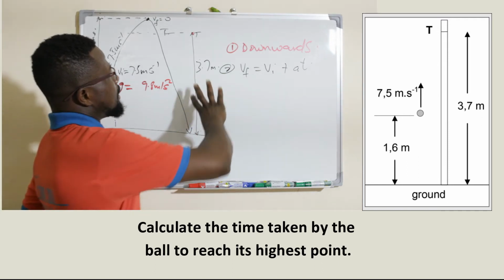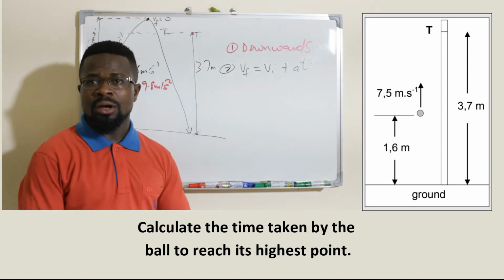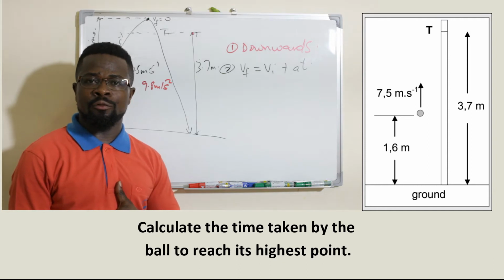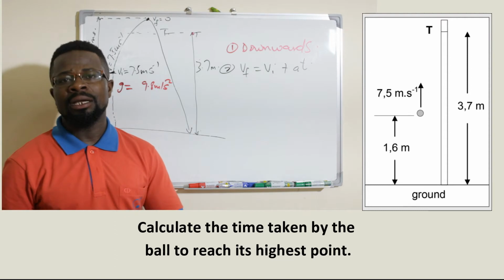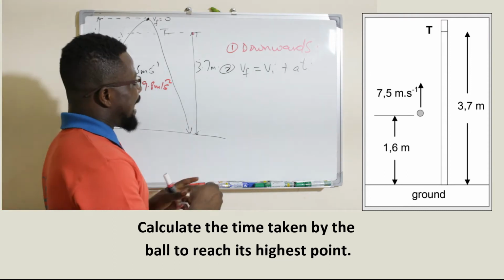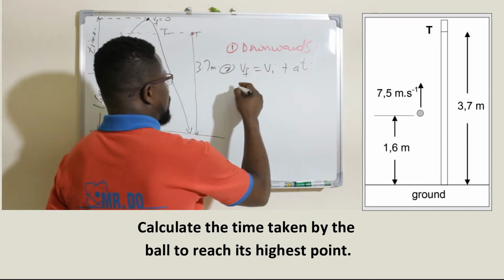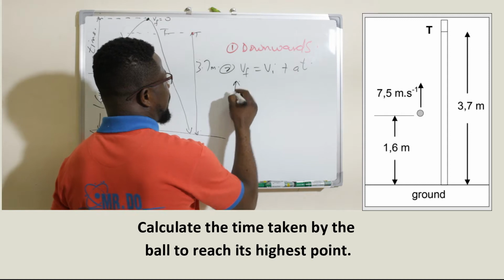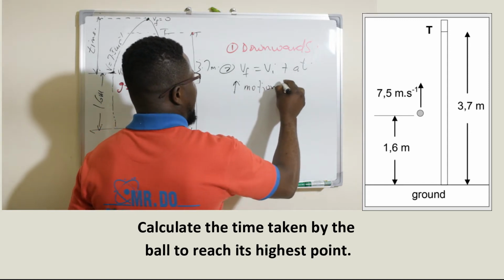Now, if you want to solve any problem like this under projectile motion, what we need to take note of is, number 1, we need to choose our direction of motion, our frame of reference, our position of reference. I am going to say that anything that is going up, upward motion, is positive.